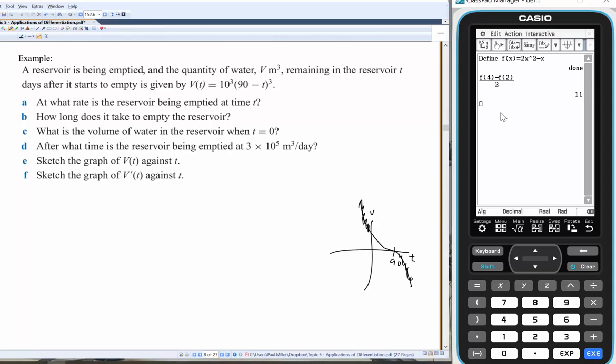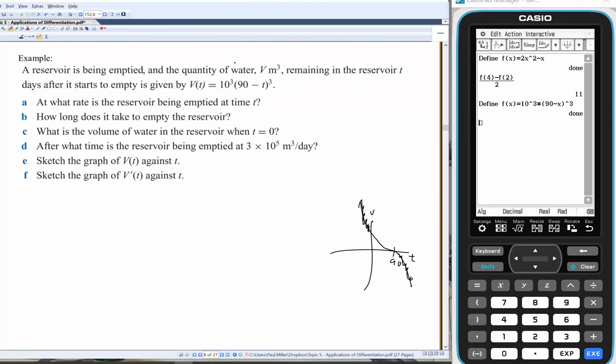So let's just try to do some calculator work on this. I'm going to define my function, f of x equals 10 cubed, (90 take x) to the power of 3. Now don't forget that we're changing variables here, so we need to be consistent with the context of the question.